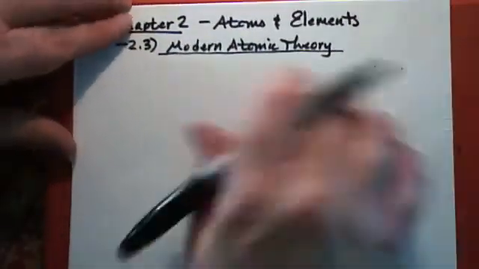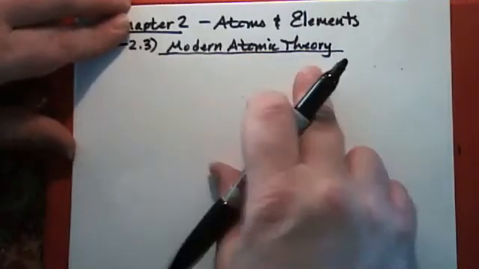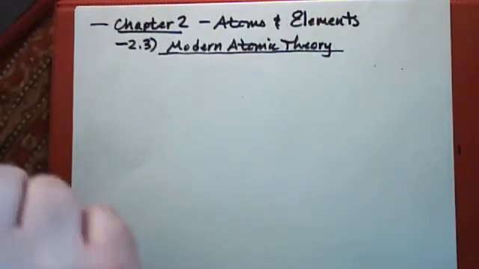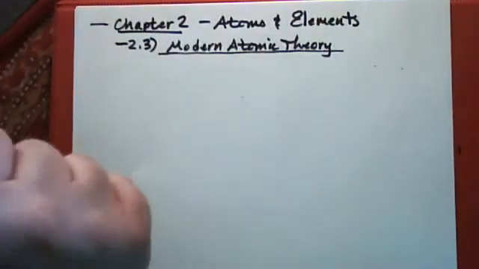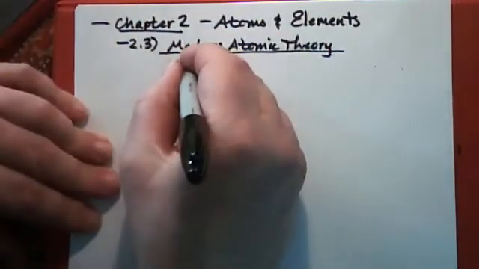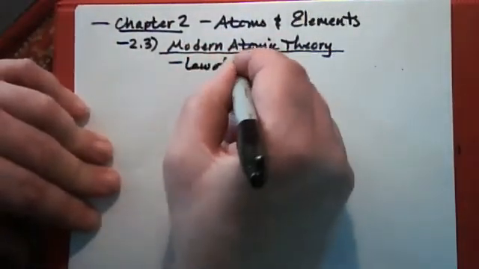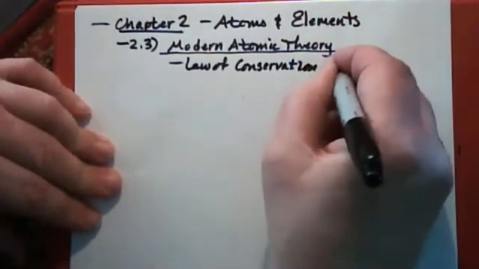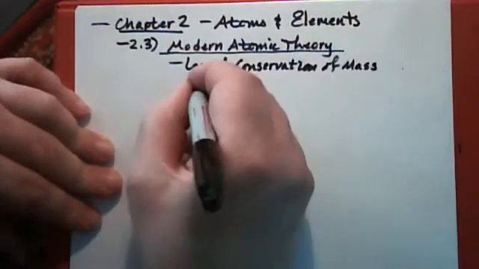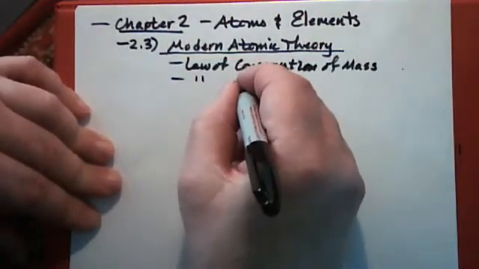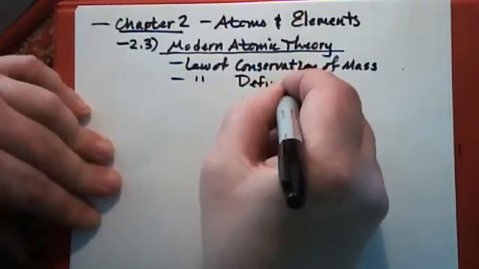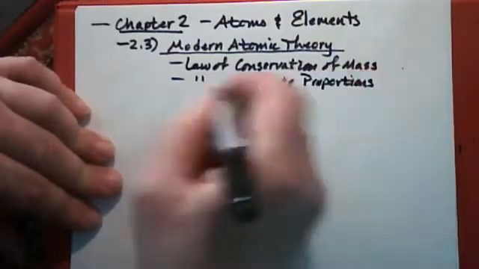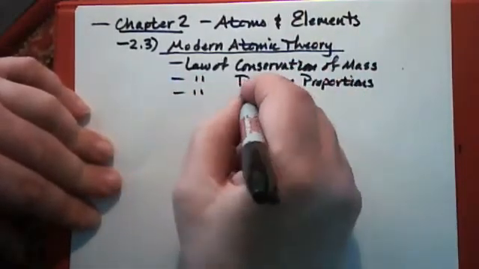And this includes the laws that lead up to the atomic theory, because atomic theory was actually developed in conjunction with understanding of some of the most important laws of chemistry, like conservation of mass and the law of definite proportions, and the law of multiple proportions.